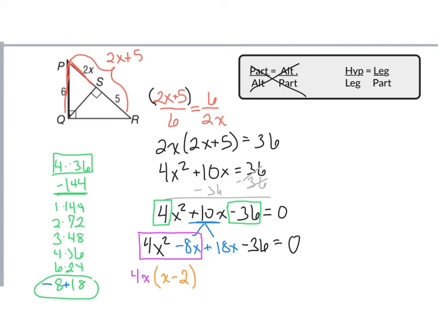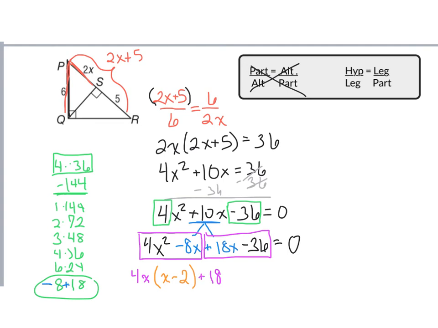Then I group my second two terms together, and I want to figure out what I need to take out of them so that I'm left with x minus 2. My first term has an 18x in it, so I need to get rid of the 18. I want just the x, so I'm going to divide by 18. Is it positive or negative? Since 18x is already positive, I don't want to take out a negative because that would change the sign.